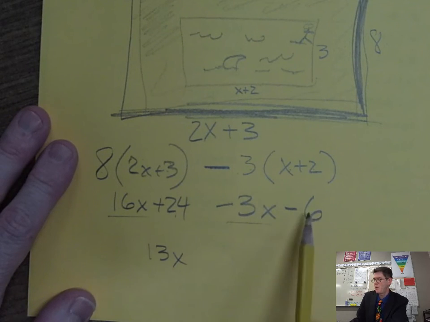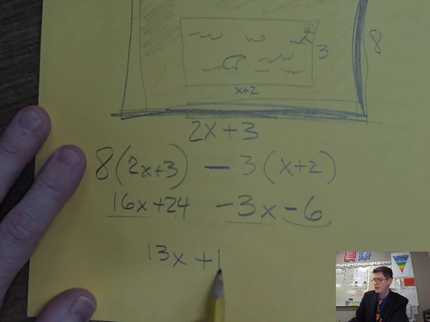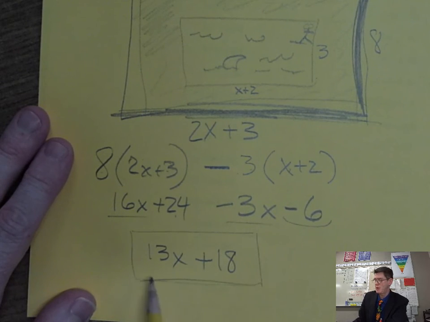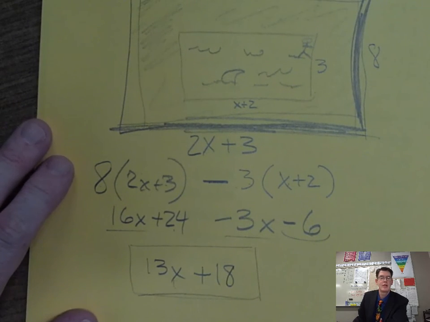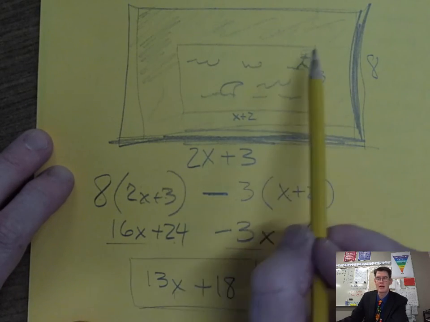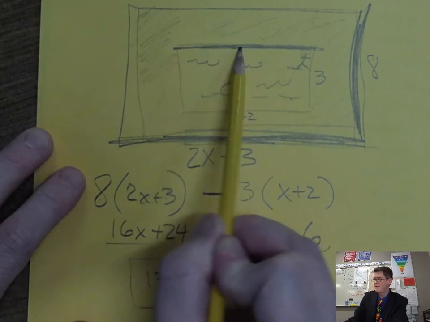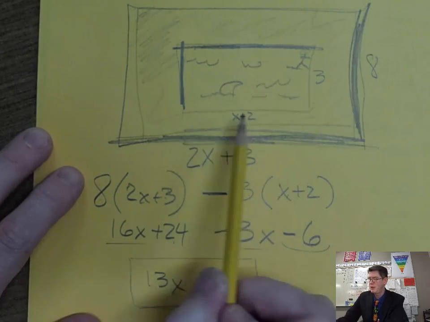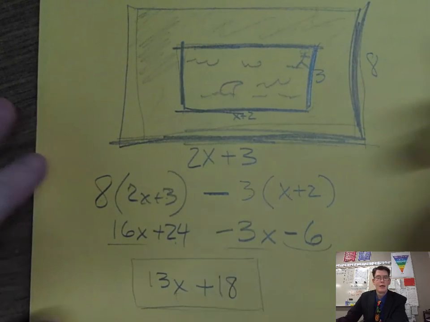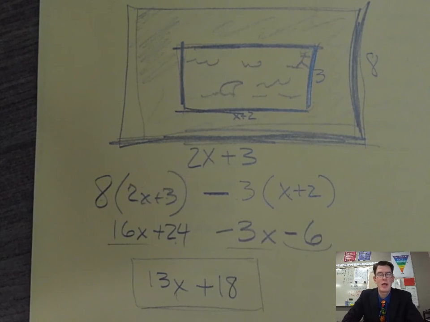And 24 minus 6 is 18. So the area of the walkway is this much right there: 13x plus 18. By taking the big area and subtracting off this shark-infested pool that you'd never want to swim in.